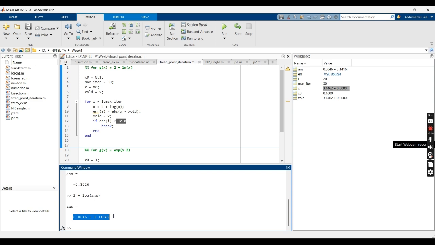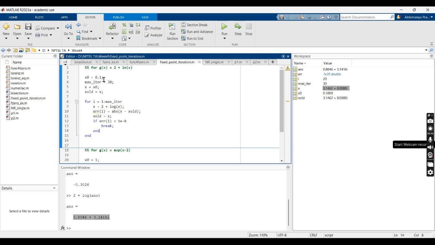So I'm just getting some number, I don't know what. This is the issue with this problem statement, with this function, and this is the issue with fixed point iteration also.